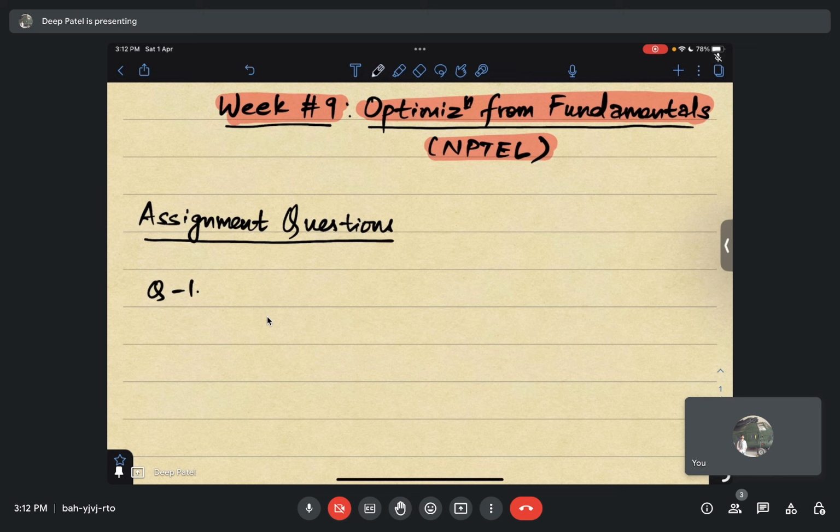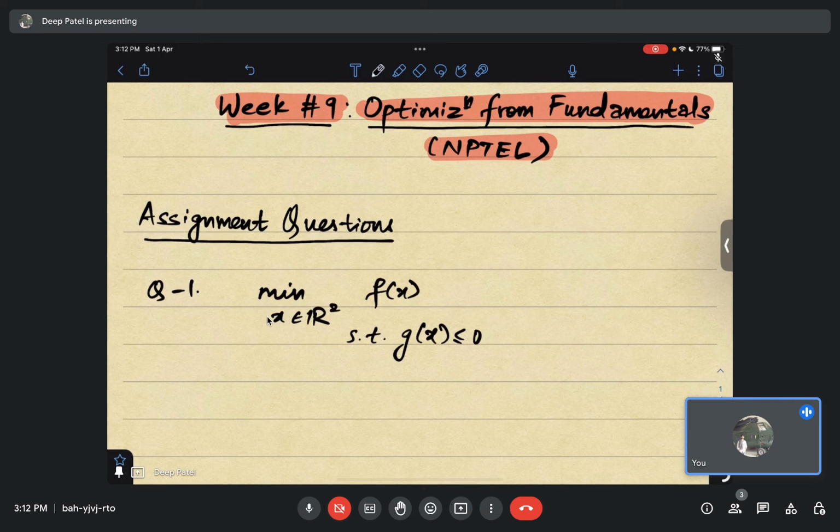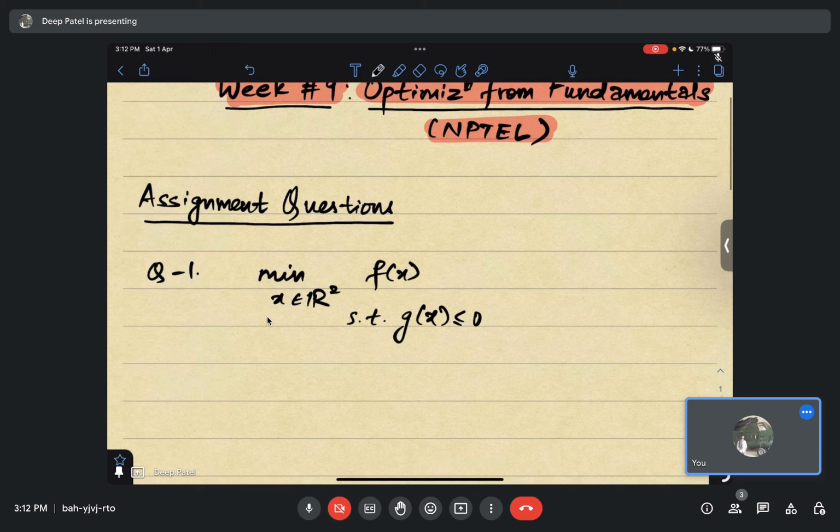Okay, so we are considering an optimization problem. It's a 2D variable, subject to some constraint.